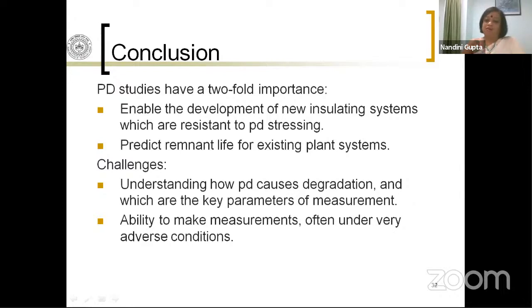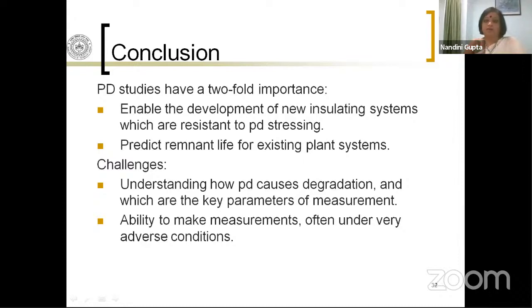And maybe a simpler problem is the ability to make measurements under adverse conditions. For example, in rotating machines, or even in large power transformers, where you have large materials which are opaque to acoustic waves, or even electrical propagation is noisy, it is difficult to make measurements. So we are still looking at these challenges.